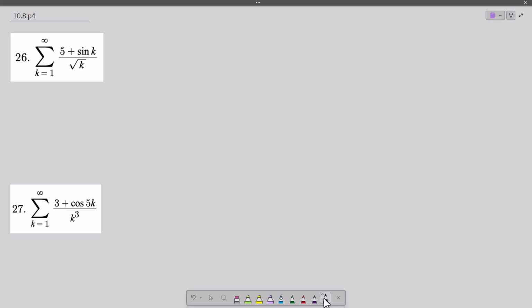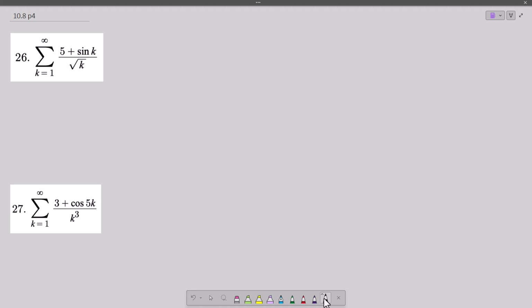So we're going to think about comparing this to a p series that has a k to the 1/2 in the denominator. The p series always has a power on the k in the denominator, and so this looks a little bit like a p series other than this sine of k thing. So let's go with the comparison test.